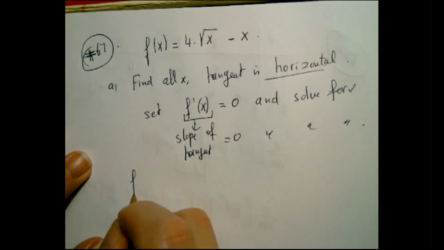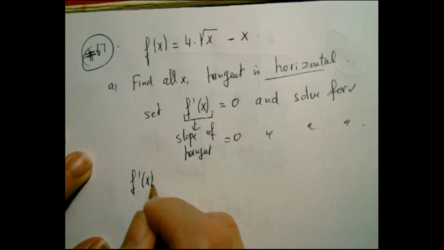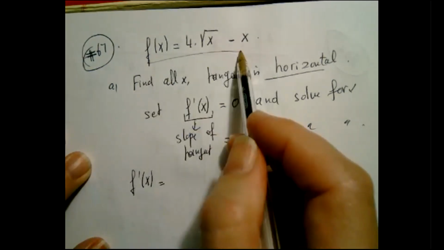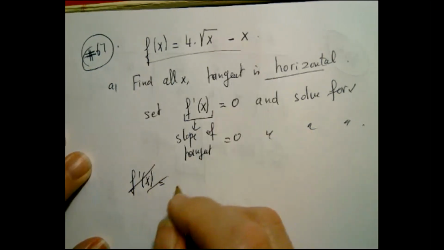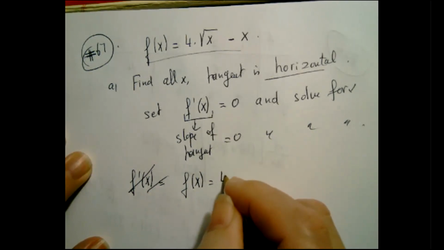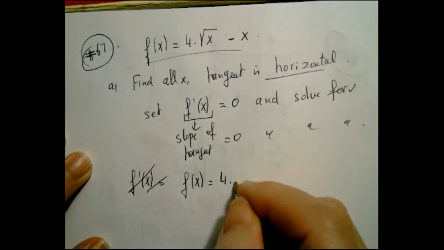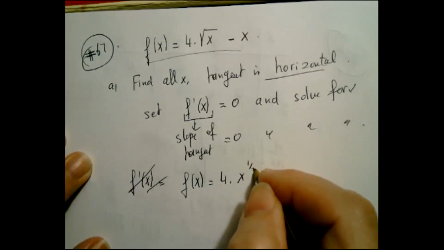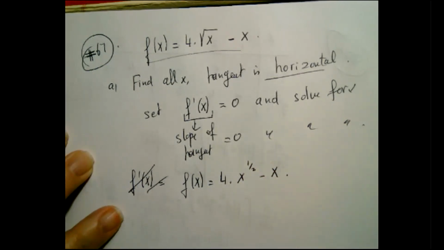So let us compute f prime. Okay, I cannot compute f prime yet because it's not in the proper format. So I'm going to cancel that and go back to f and rewrite it in the format that is easy for us. f is 4 times x to the power a half, minus x.